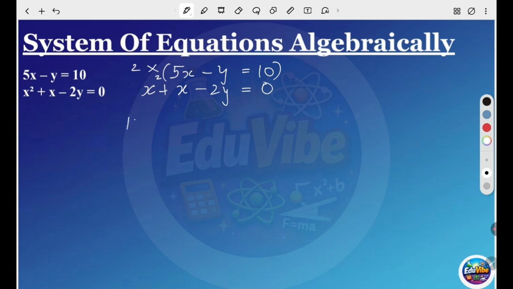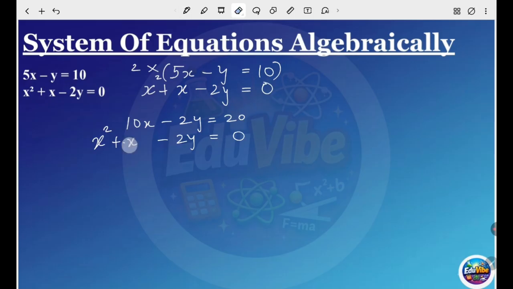When you multiply, you get 10x minus 2y is equal to 20. Then this equation remains the same. So now here's the thing.